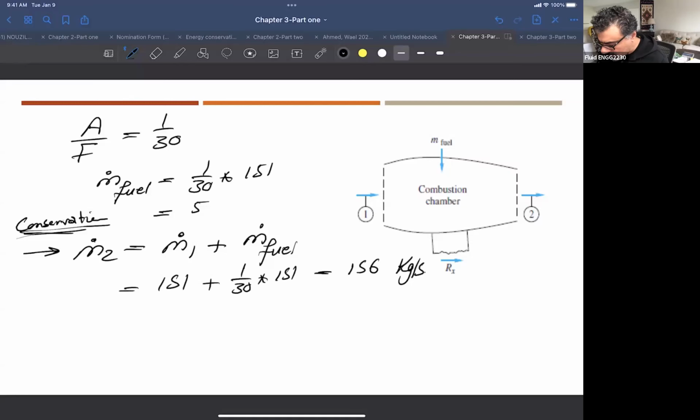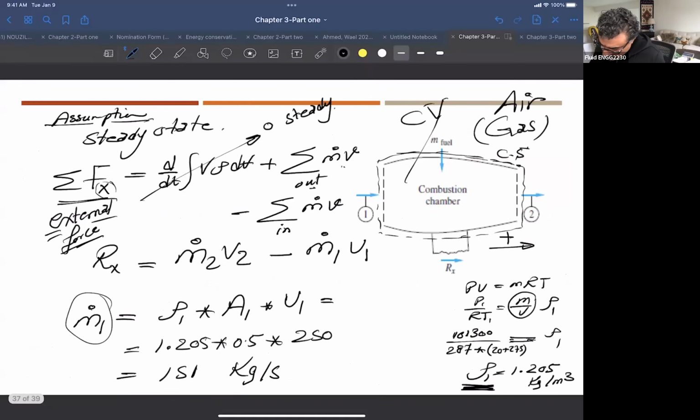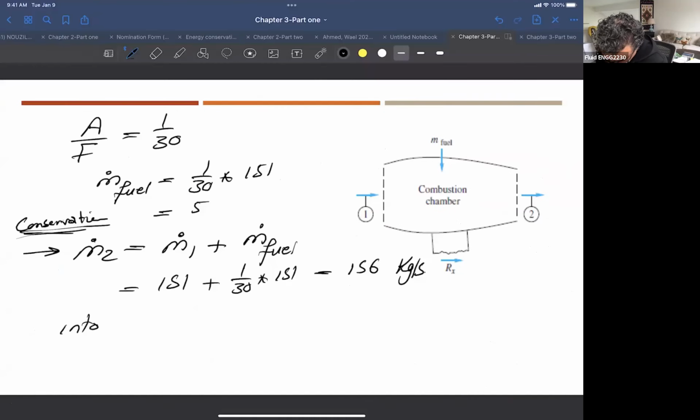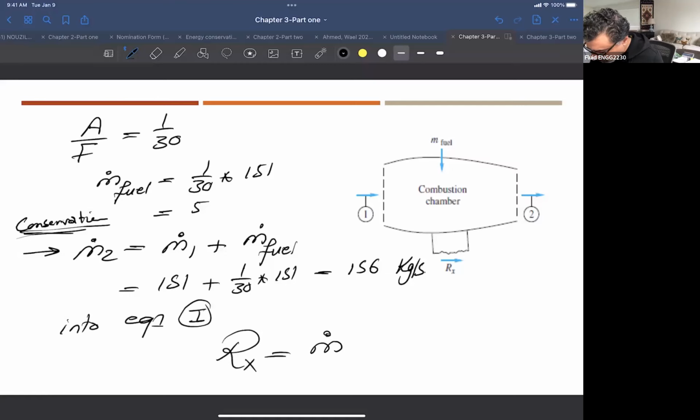Okay, so I go back to equation 1. The reaction here is equal to m dot 2 V2 minus m dot 1 V1.